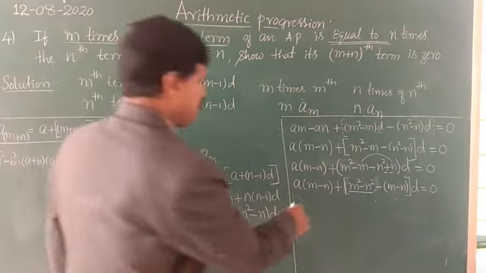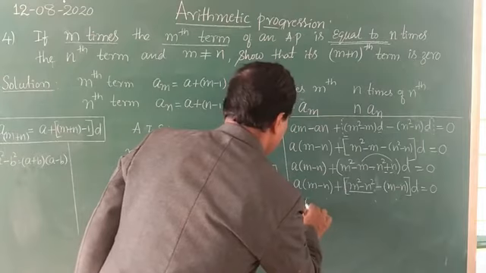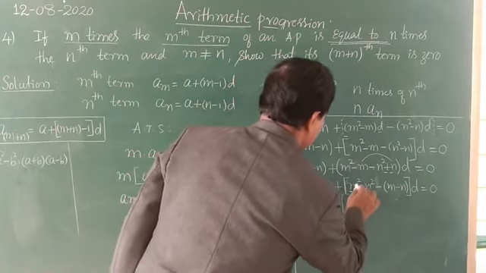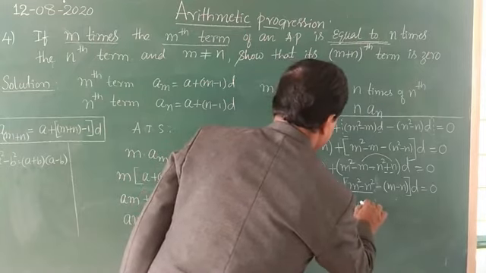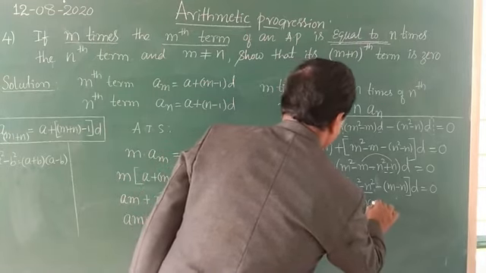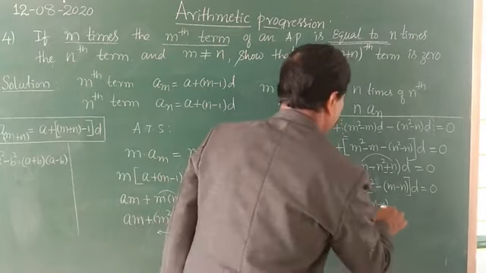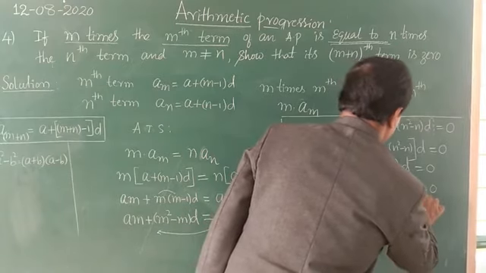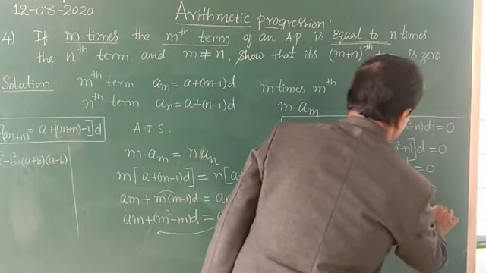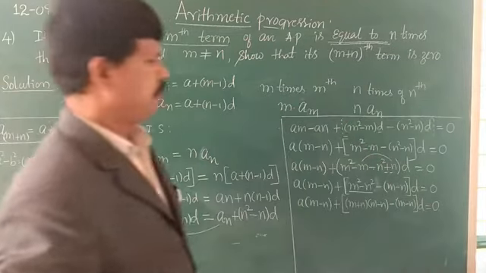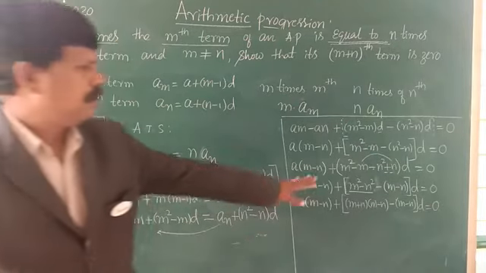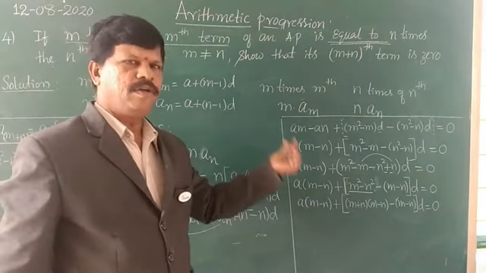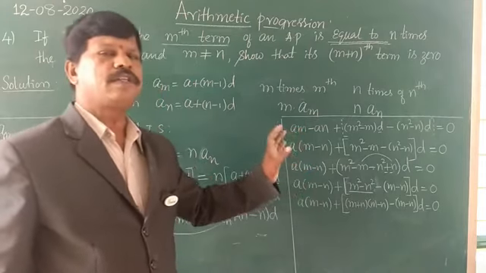Right. So here I am writing a of m minus n plus, here m plus n into m minus n, here minus m minus n, whole into d equals 0. Clear? Understood this? If you do not understand, just repeat the video and see which step you did not understand.